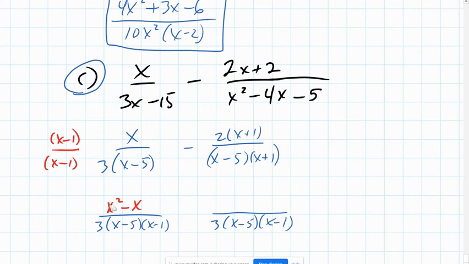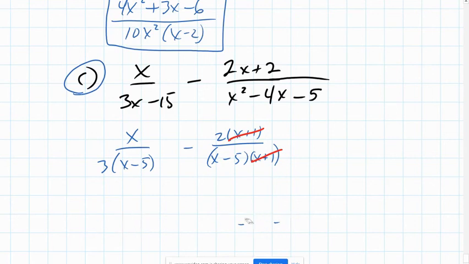Oh, actually, I just realized something here, that in this original problem we could cancel those. If you didn't recognize that, then you could use this common denominator. Those were both x plus 1s, not minus 1s anyway. Okay, so if we're going to cancel those, then we see that our common denominator is actually just 3 times x minus 5 for both.